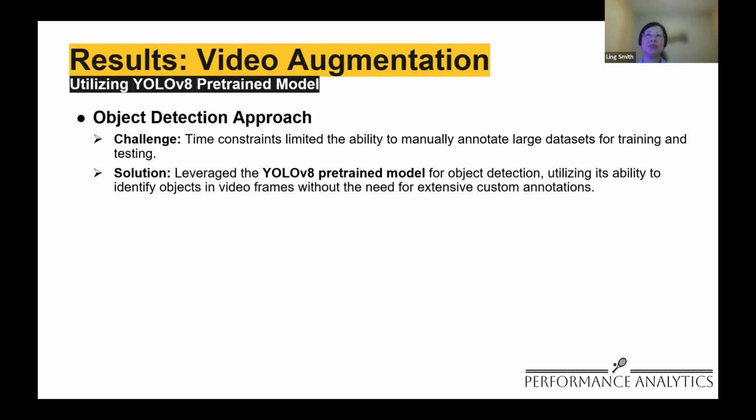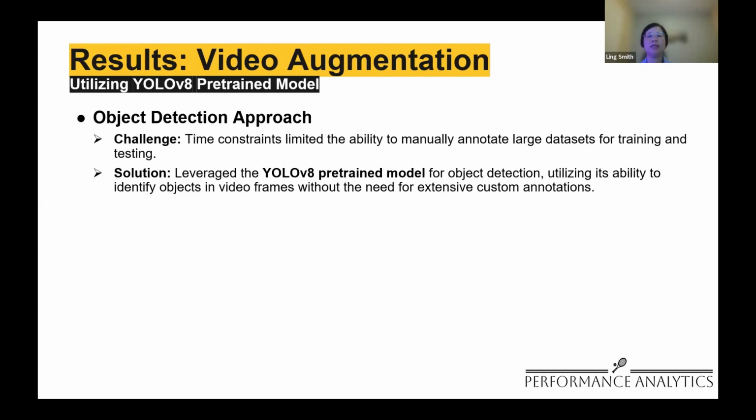It limited our ability to manually annotate large data sets for training and testing. So to address this, we used the YOLO V8 pre-trained model for object detection. This doesn't require extensive custom annotations, allowing us to expedite the process.